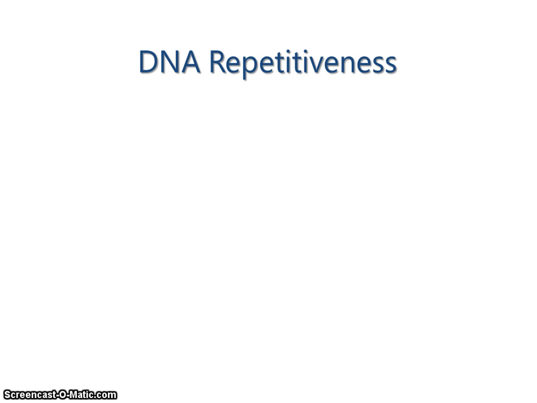This will be a recurring theme, the theme of DNA repetitiveness. We saw it first in the centromere, we're seeing it again in the telomeres, and it's going to come up again and again.